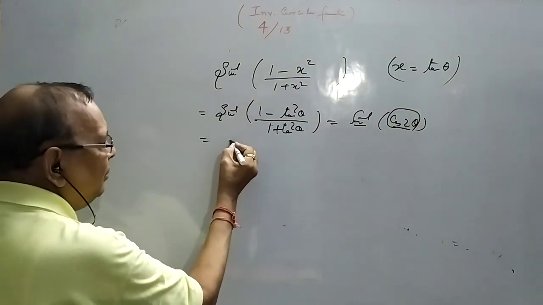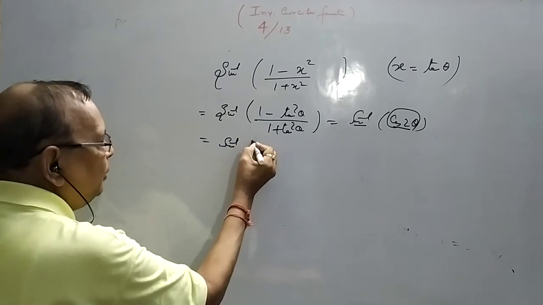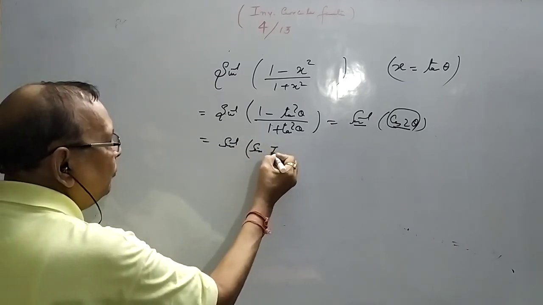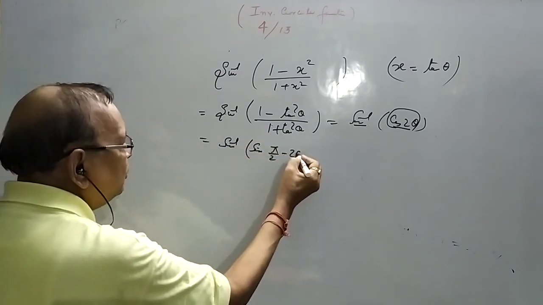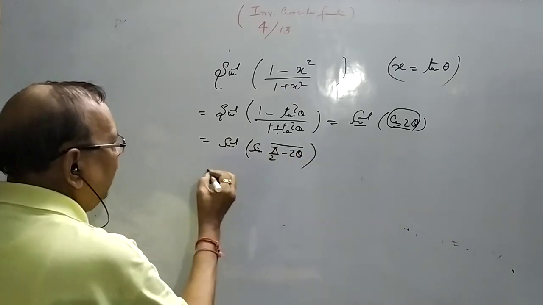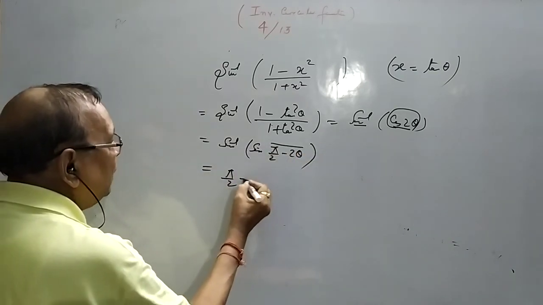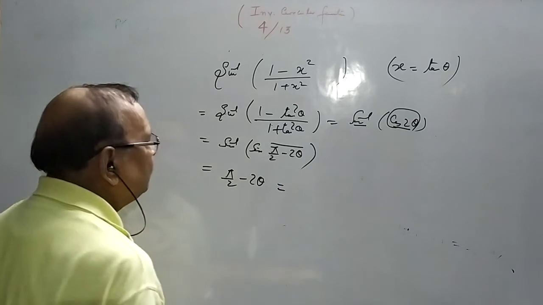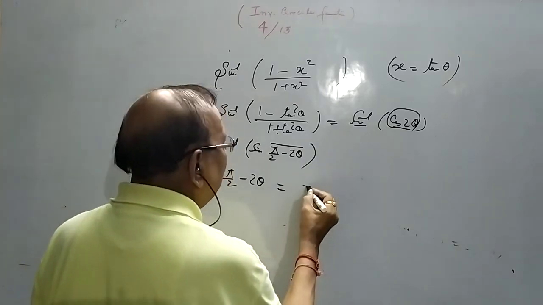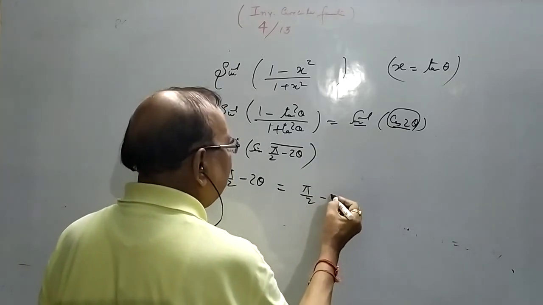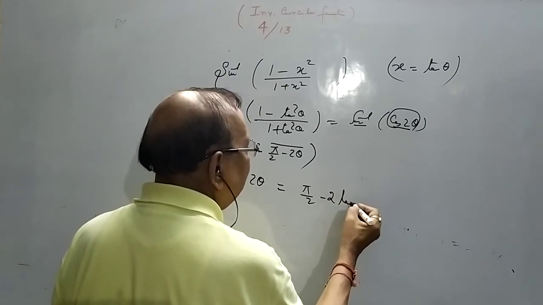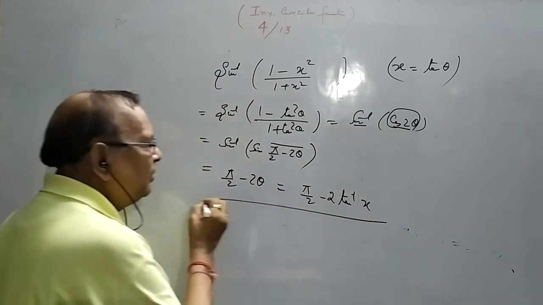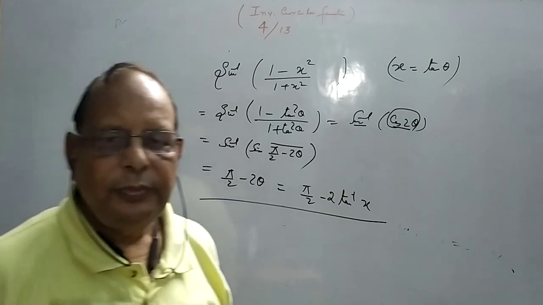It is quite simple, using sine of pi by 2 minus 2 theta. And we are getting pi by 2 minus 2 theta, that is equal to pi by 2 minus 2 tan inverse x. These were some examples.